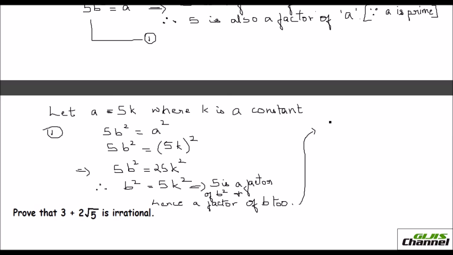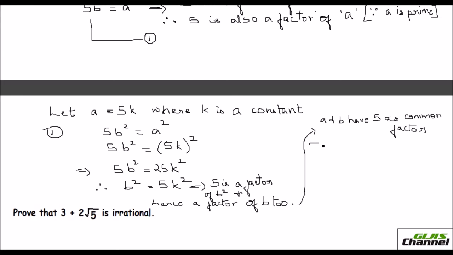So what do you find from here? a and b have 5 as common factor, right? So this is a contradiction to the fact that a and b are co-prime. Because if they are co-prime, then a will have only a and 1 as its factors, and b will have b and 1 as its factors. They both cannot have a common factor, right?